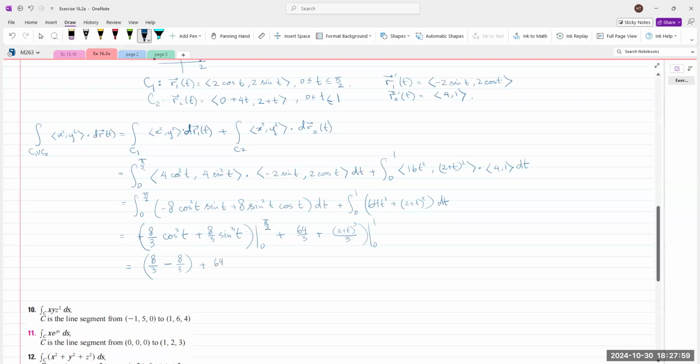Plus 64 over 3, plus at 1, that will be 9, minus at 0, that's 8 over 3. I feel like, but I think I'm okay though. Yeah, I think I'm okay. So that cancels. This will be 56 over 3. 9 plus 56 over 3.